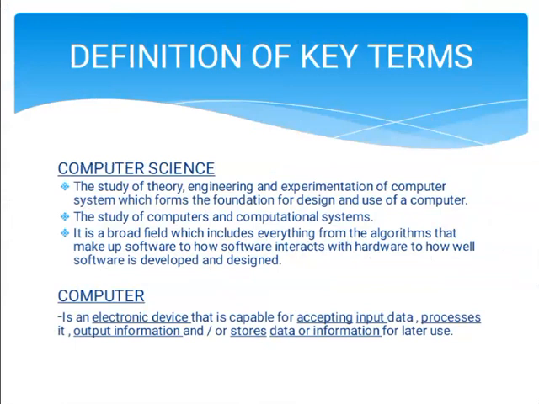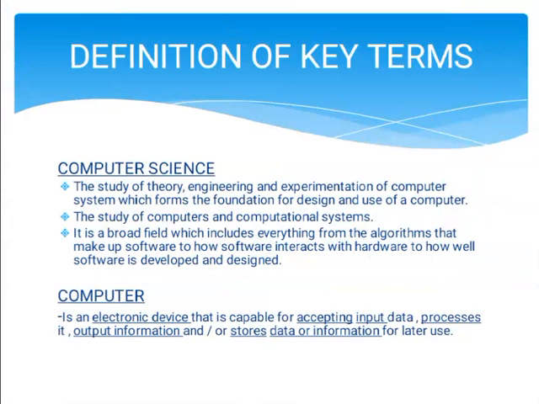When we say a computer is an electronic device, we are saying it's a machine that is powered either by electricity or by battery. Then if we say a computer is capable of accepting input data, we are saying a computer is capable of receiving input data, and by input data, that's entering or feeding data into the computer.